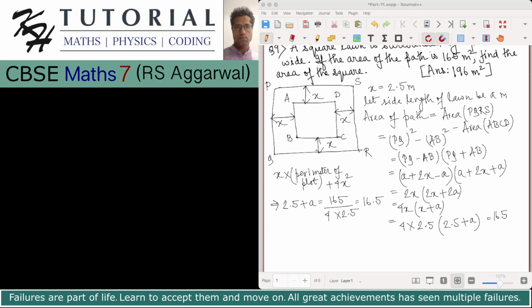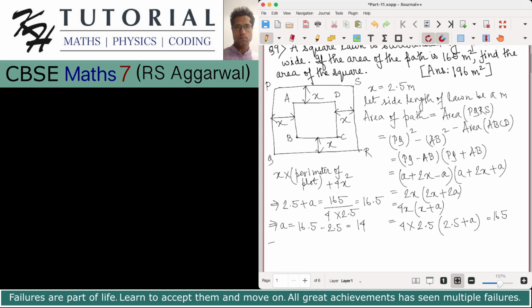So this is 16.5. So this implies a is equal to 16.5 minus 2.5, which is equal to 14. Okay, so the side length of the square lawn is 14 meter.